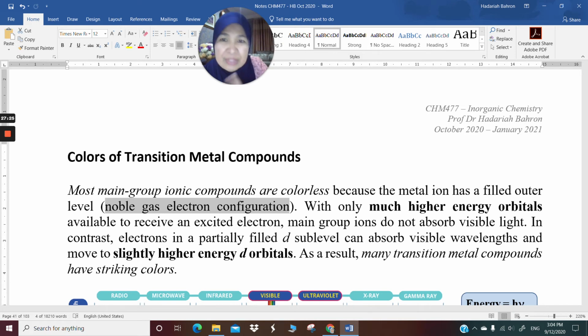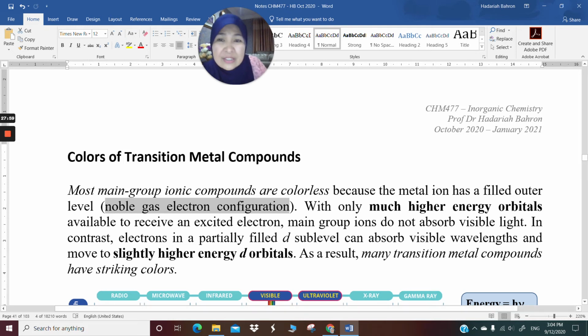So if there is no electrons jumping, then you don't get colors detected in our eyes, because when the electrons move from one level to another, and when they come back down, they will release some energy, and the energy will match with a color. If there is no jumping, then there is no energy released and there is no color.